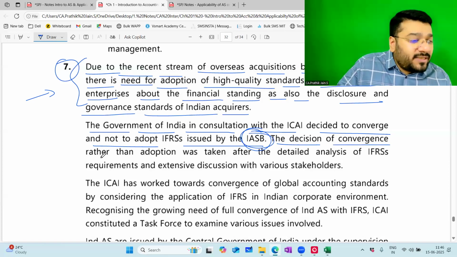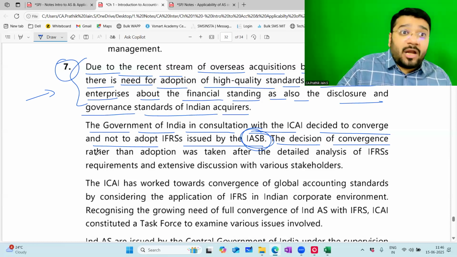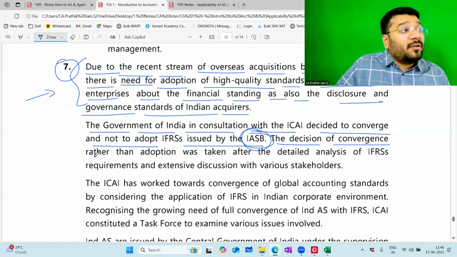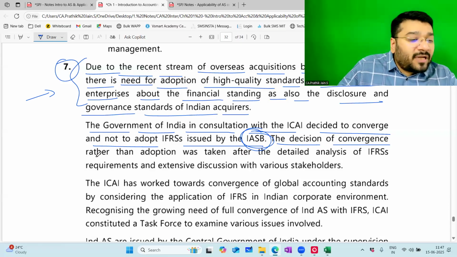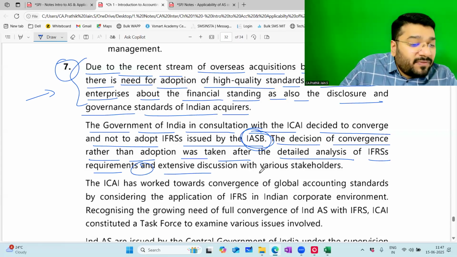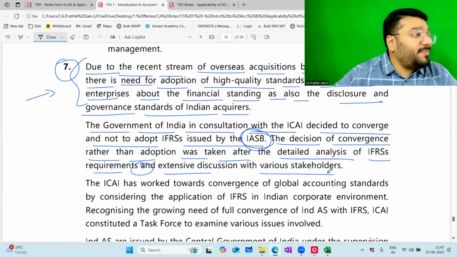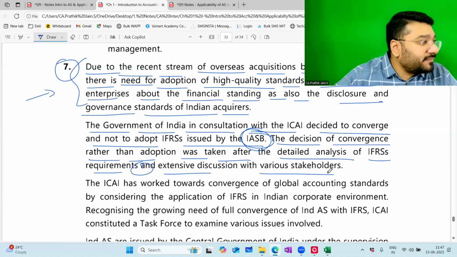The decision of convergence means what? We are trying to converge with IFRS, not adopt. Converge means we are only taking 80-90% of IFRS, not fully 100%. The decision of convergence rather than adoption was taken after the detailed analysis of IFRS requirements and extensive discussion with various stakeholders. Means first, ASB sat and thoroughly studied IFRS.